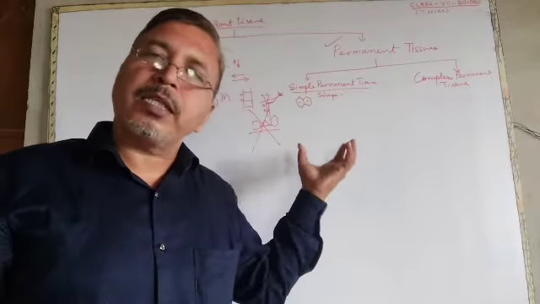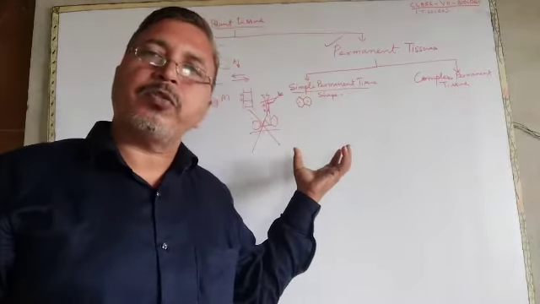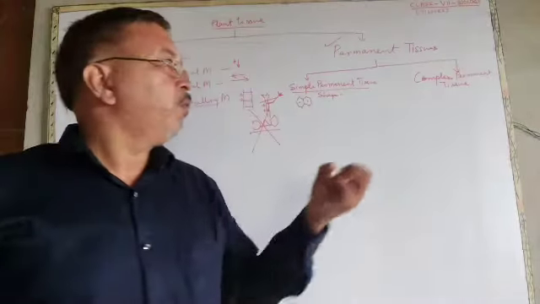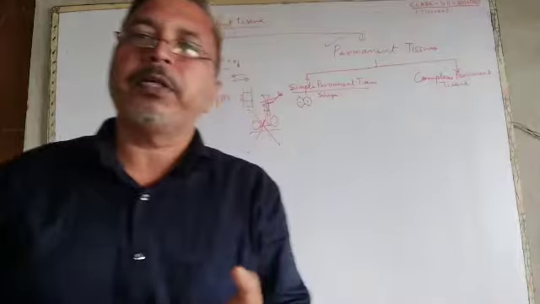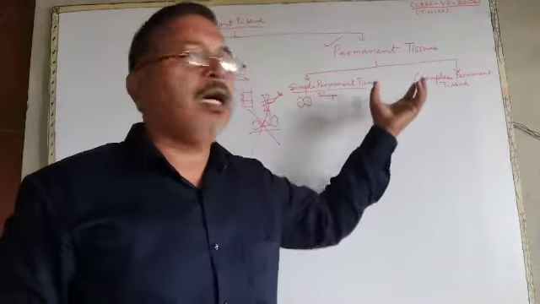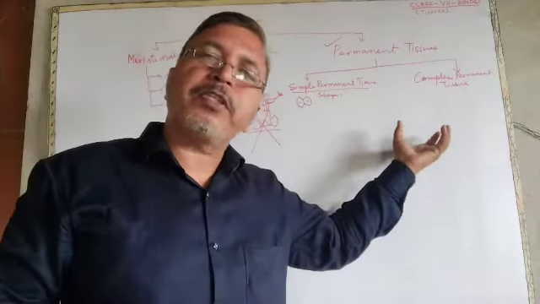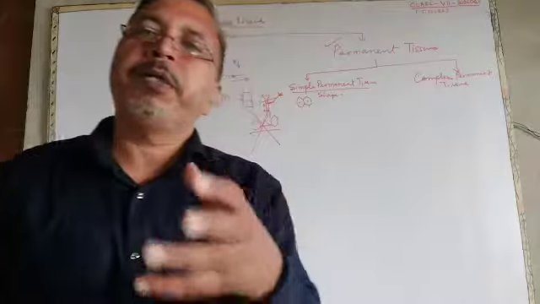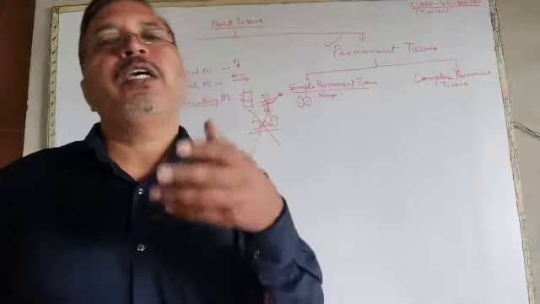Whereas in complex permanent tissue, some of the cells may be dead and some of them may be living.